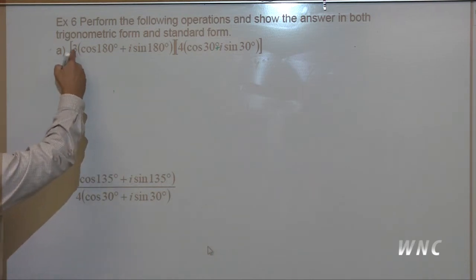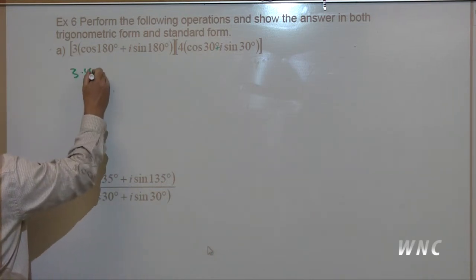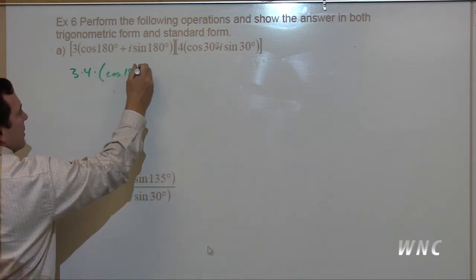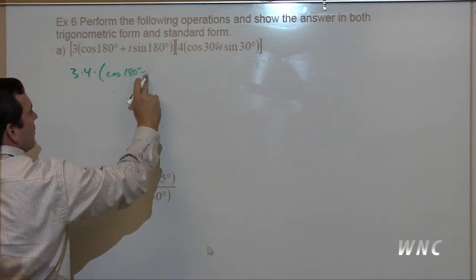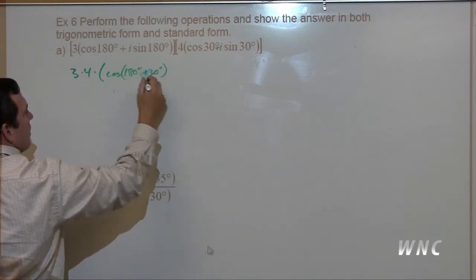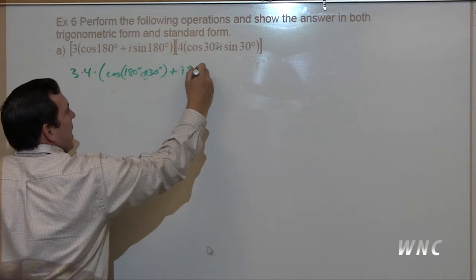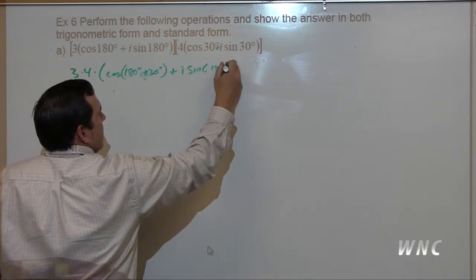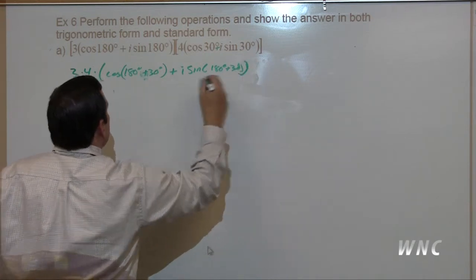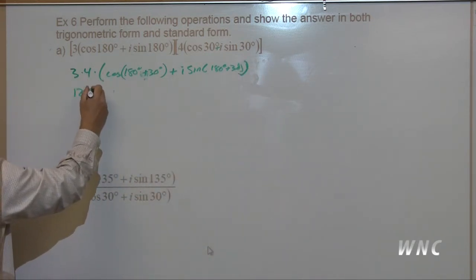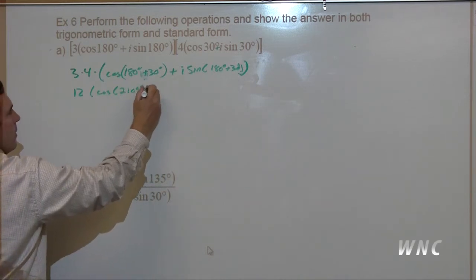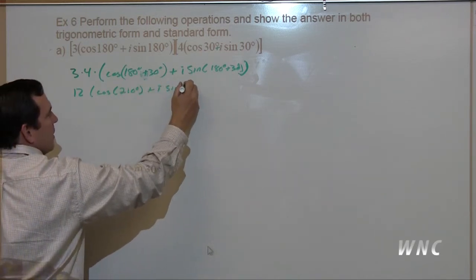So to multiply these, we have 3 times 4 times cosine of 180 degrees plus 30 degrees, plus i sine of 180 degrees plus 30 degrees. So that's 12 times cosine of 210 degrees plus i sine 210 degrees.